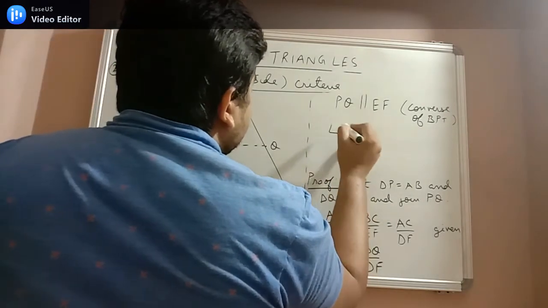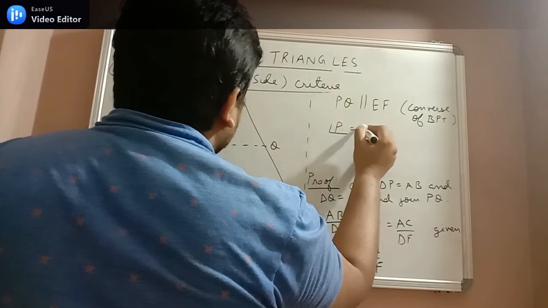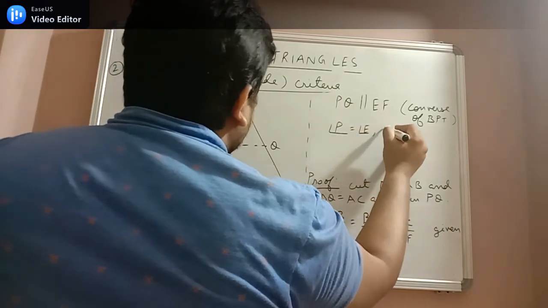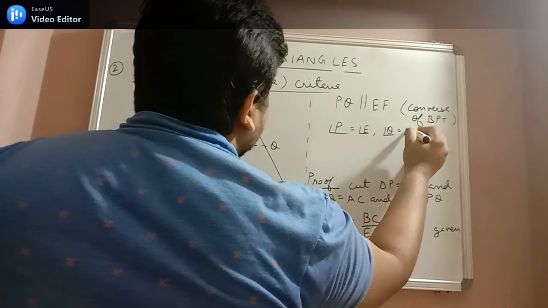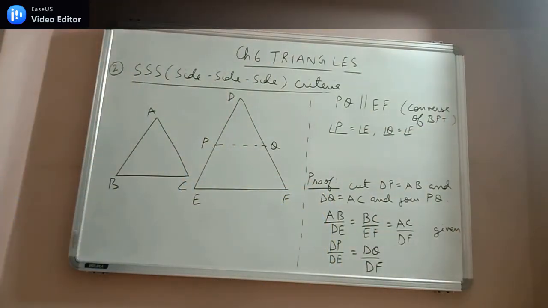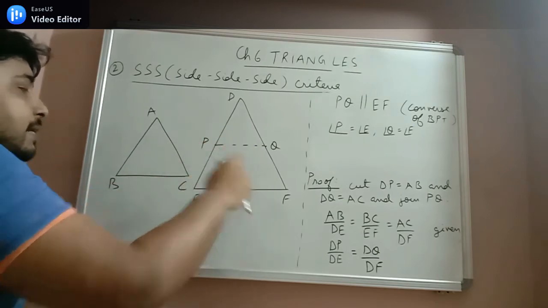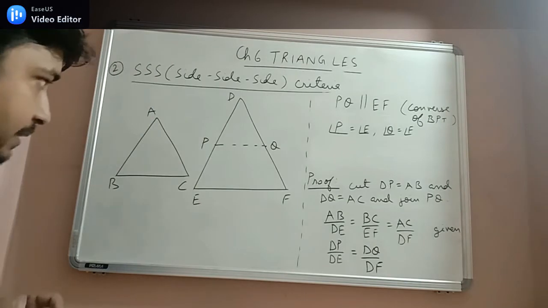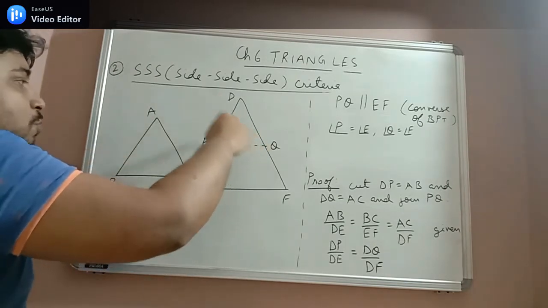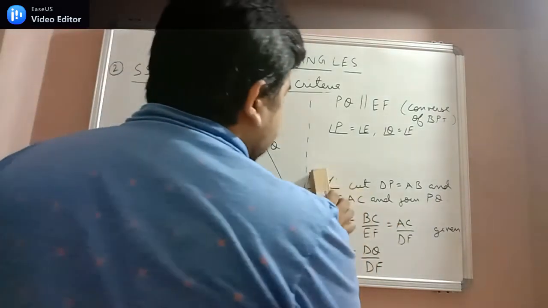So once I get PQ parallel to EF, I can say that angle P is equals to angle E and angle Q is equals to angle F. Now if angle P is equals to angle E and angle Q is equals to angle F, then triangles DPQ and DEF are similar by AAA similarity.